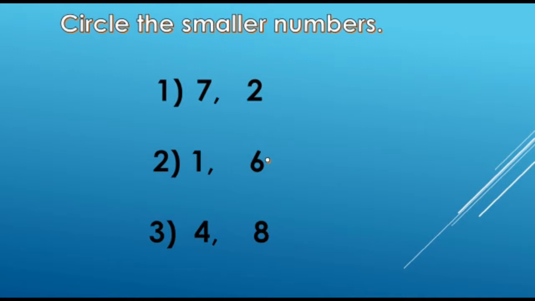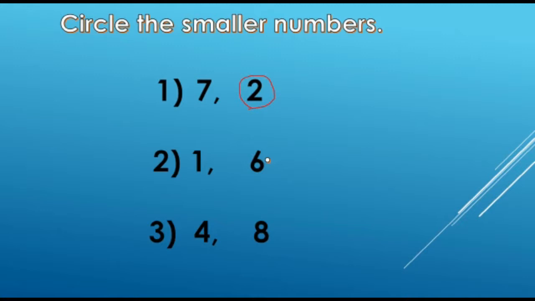Circle the smaller numbers. Means which is the smaller number? You have to circle it. First question is 7 and 2. Which is smaller? 2. Okay, which number do we have to circle? 2. Very good. 2 is the smaller number.